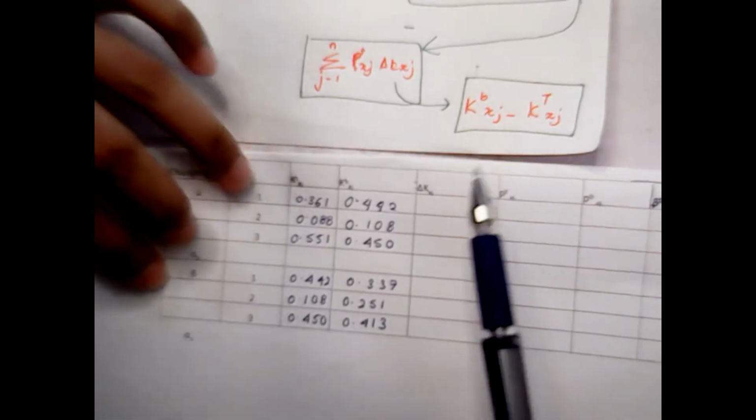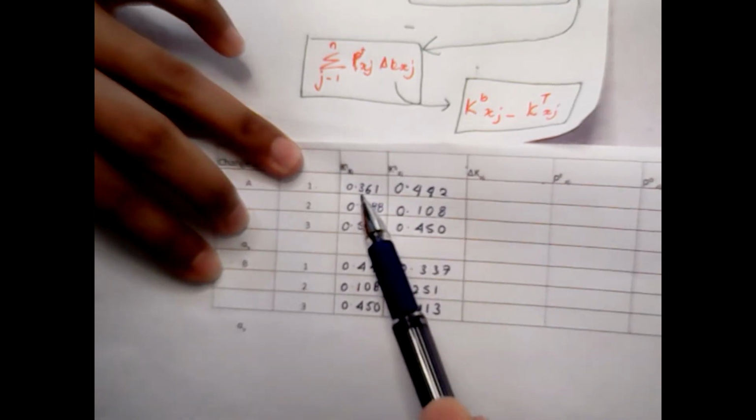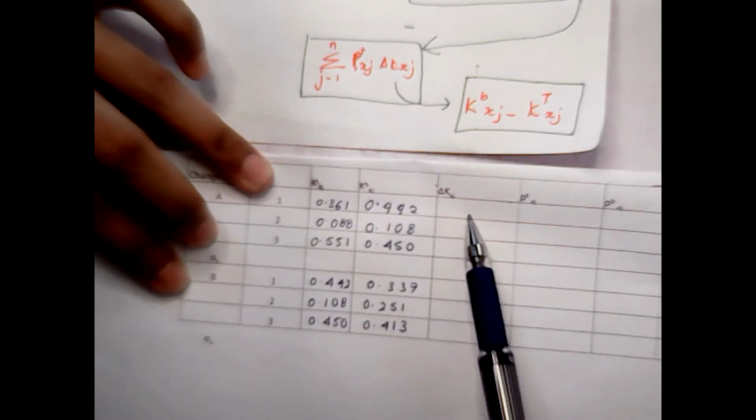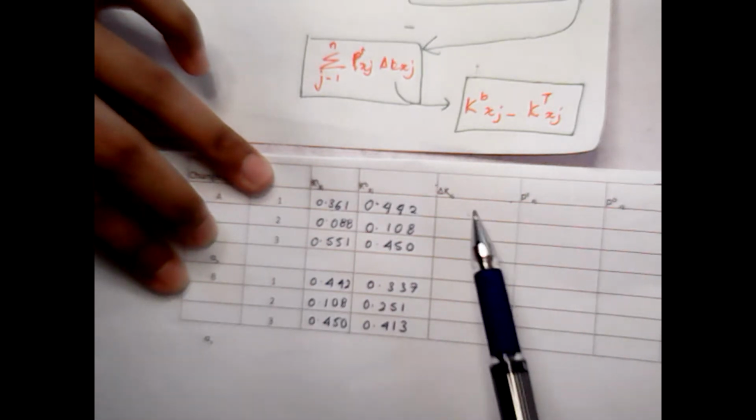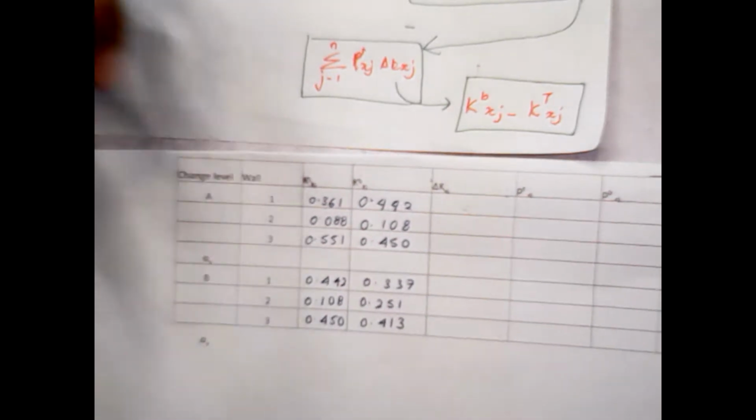So for you to get this, it means 0.442 minus 0.361, you will get delta kxj. So now let's calculate delta kxj first.